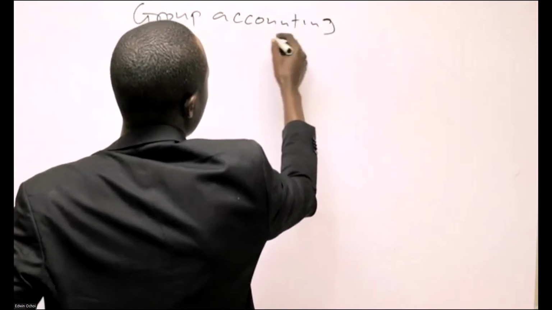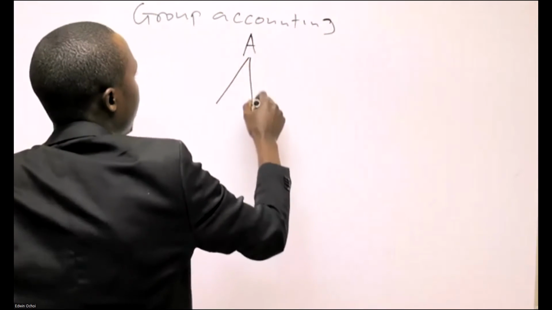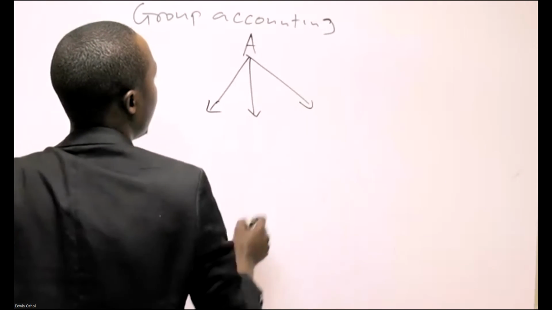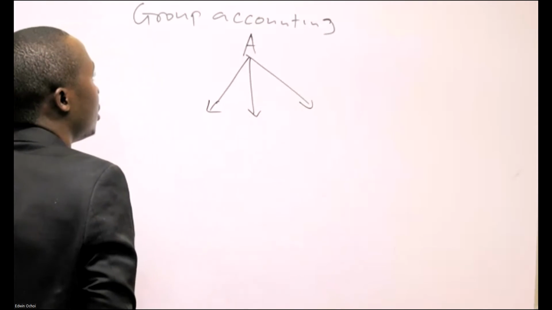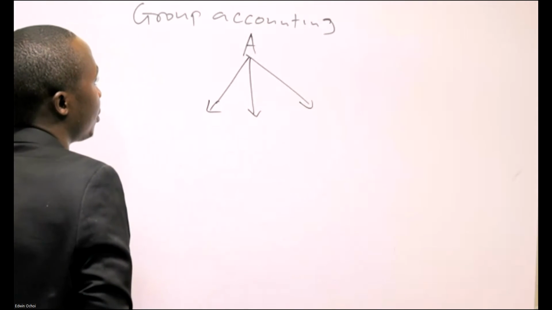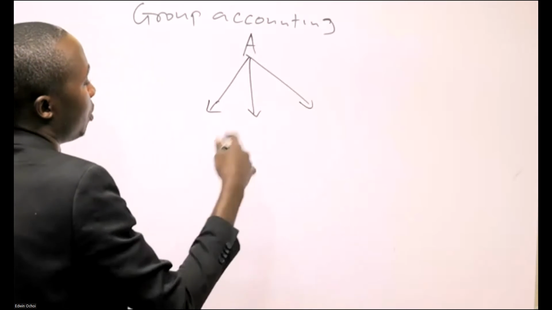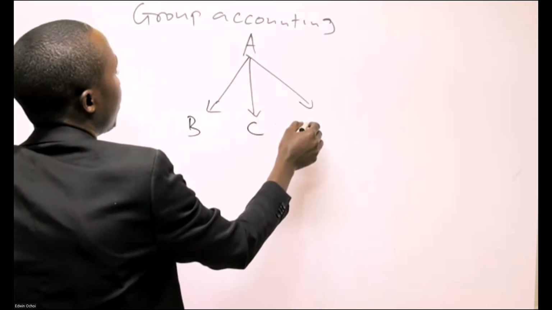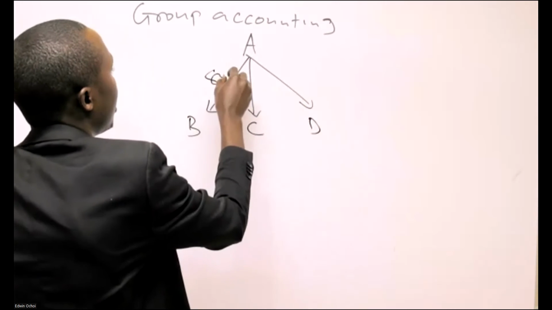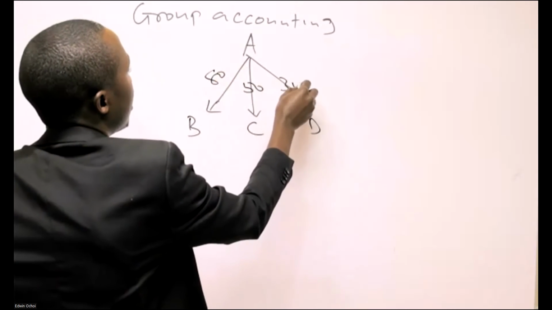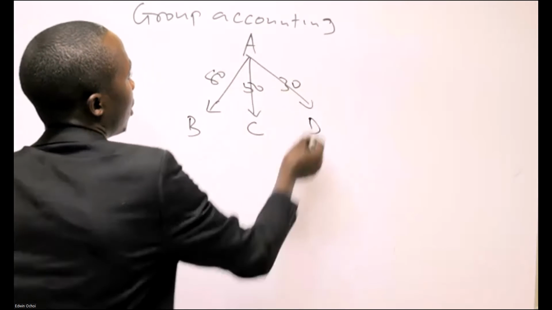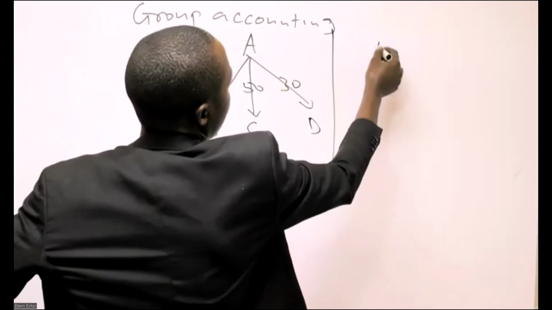So let's say, for example, these are the kind of structures you would find. Because I don't want to mention all those structures. You will find structures of this kind, whereby this is acquired 80%, 50, 30. So these are direct acquisitions. This is what you can find at your level. Or they give you a structure of this kind.